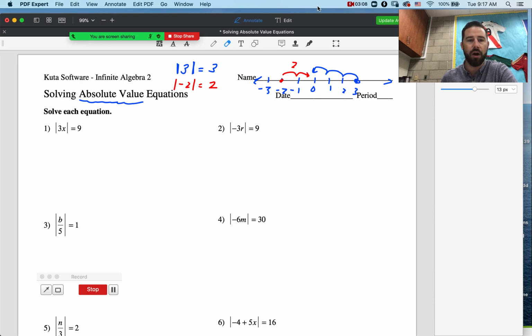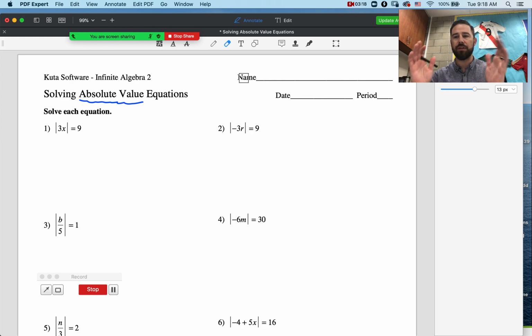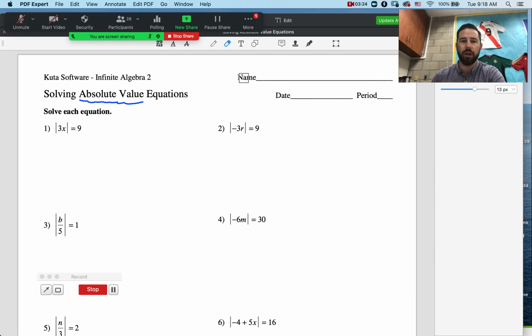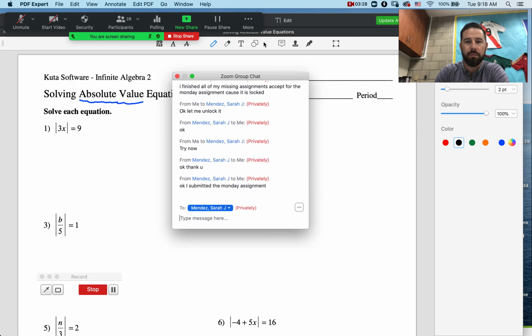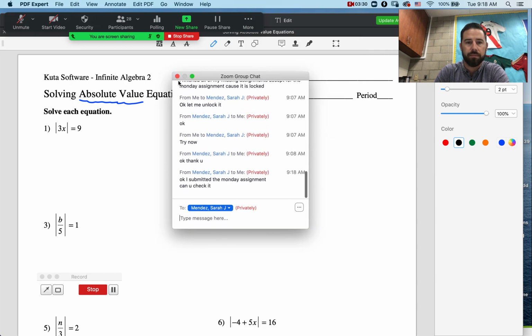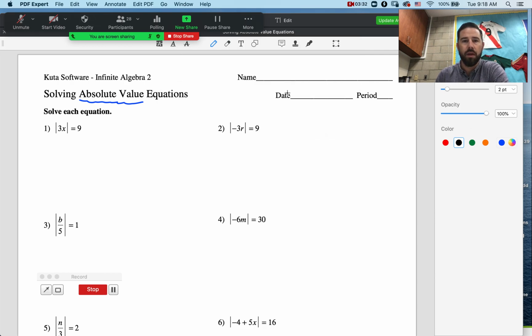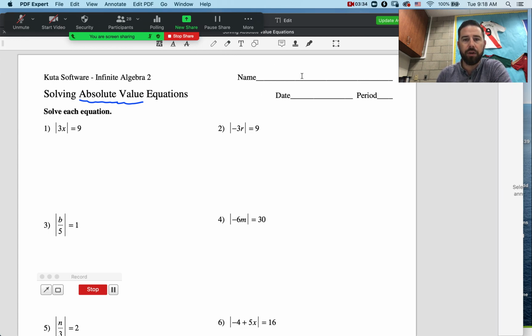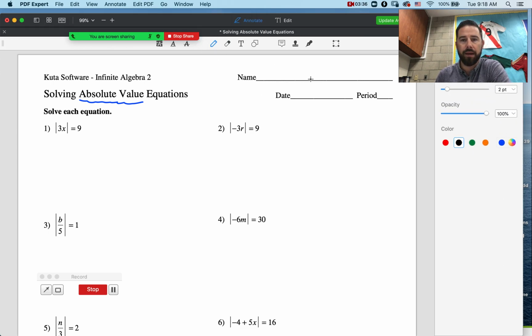Now, I want you to know that for absolute value questions, we're always going to have two answers, because there are really two different options. If we're looking on a number line, here's my pen.